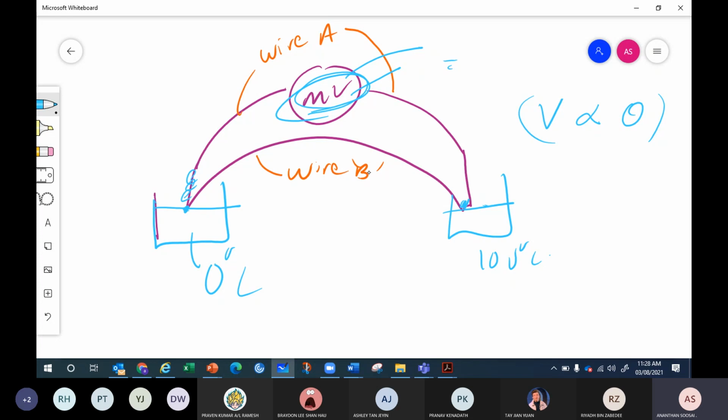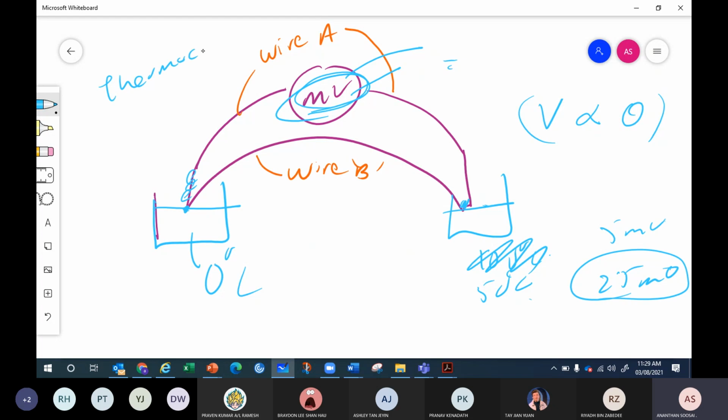If the temperature difference is 0 to 100, let's say it gives 5 millivolt. When it changes from 0 to 50 degrees Celsius, it gives 2.5 millivolt. So the voltage change is proportional to the temperature difference. This is called a thermocouple.